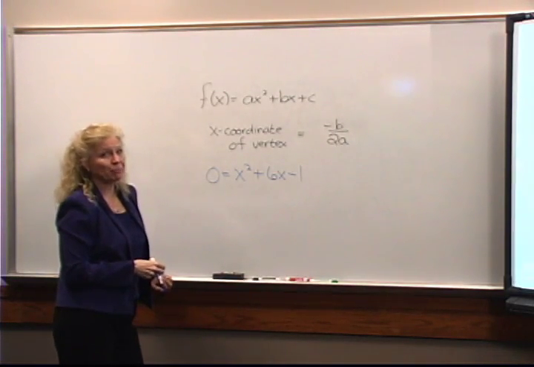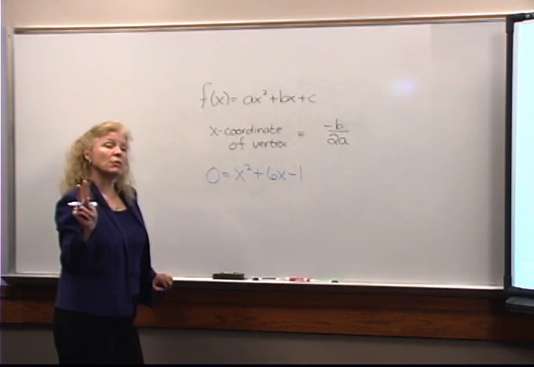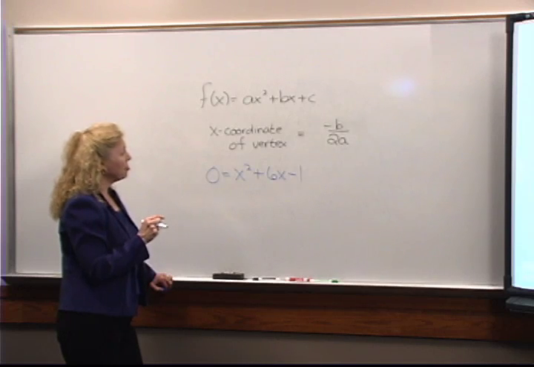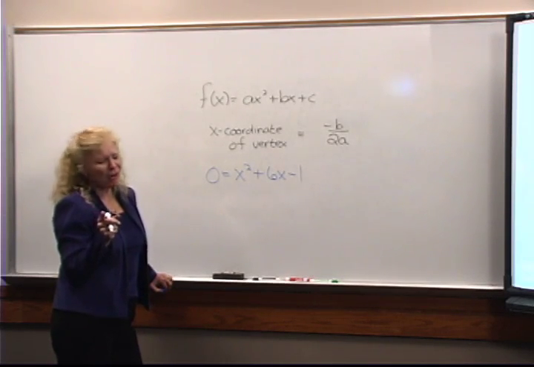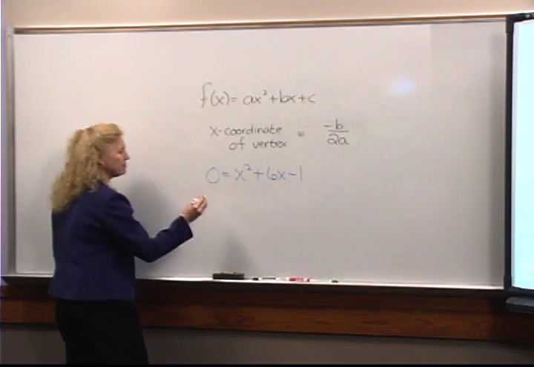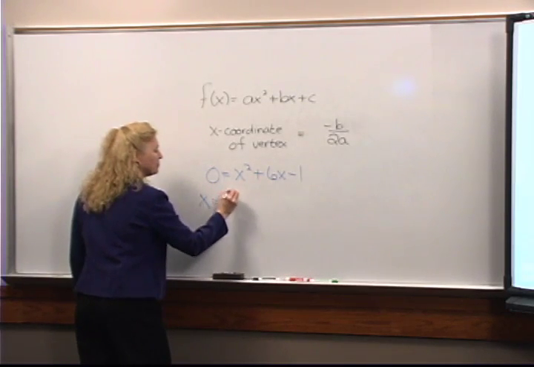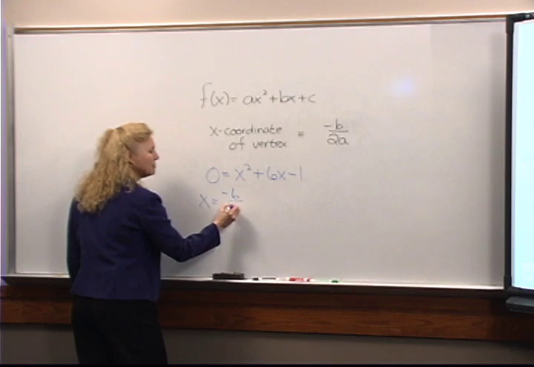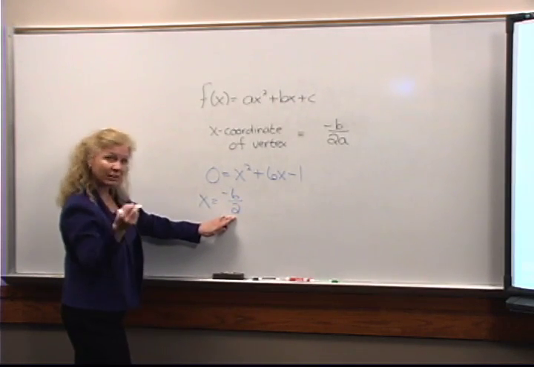That doesn't factor. Now, if it doesn't factor, I still have 2 choices to solve a quadratic equation. I can use complete the square, which I'd rather not do, or I can use the quadratic formula. So, -b over 2 times a. Hey, we did that just a few minutes ago, didn't we? And we got our -3.